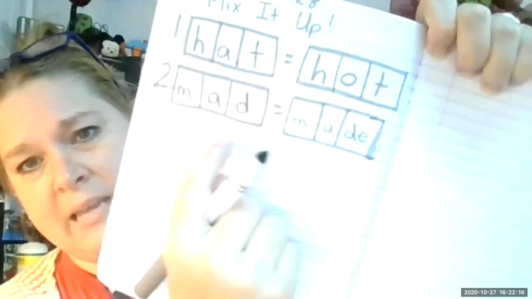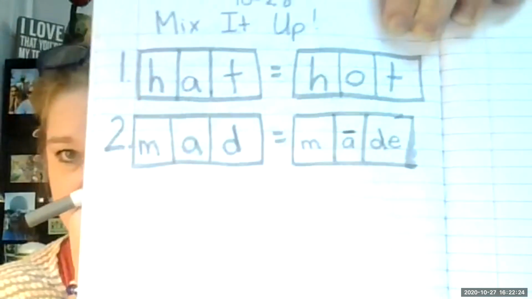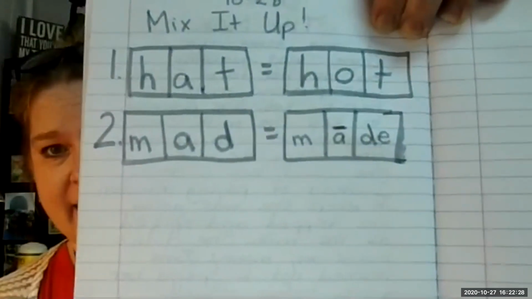One way to do it would be to add a silent E at the end to make it say made. Because this is a long A sound. We need to make sure we put that long sound line on top of it. Made. Good. Now there are other ways to write the word made.